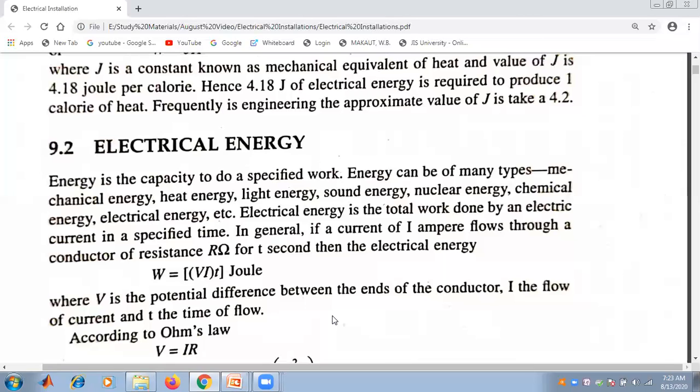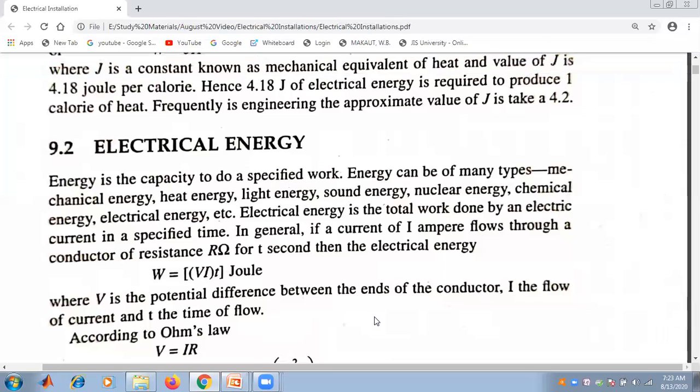So, what is electrical energy? Electrical energy is the total work done by an electric current in a specified time.